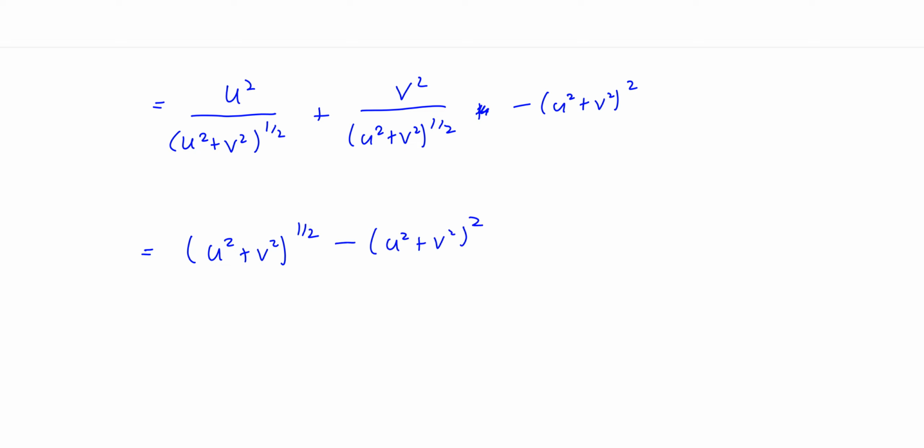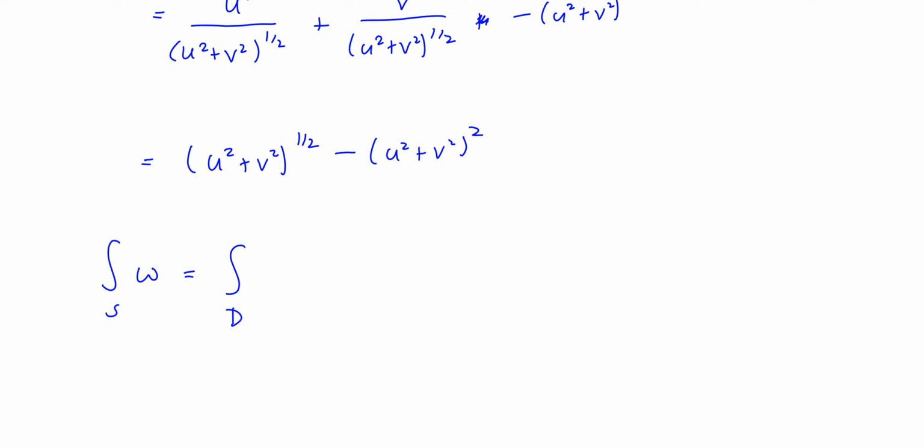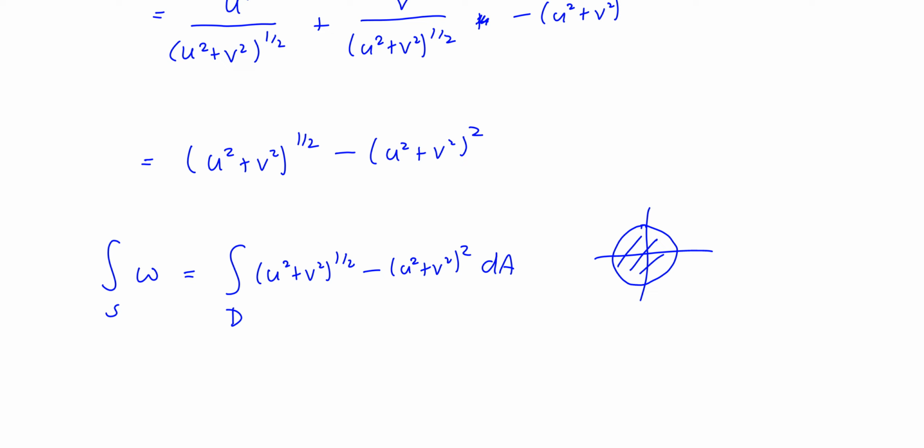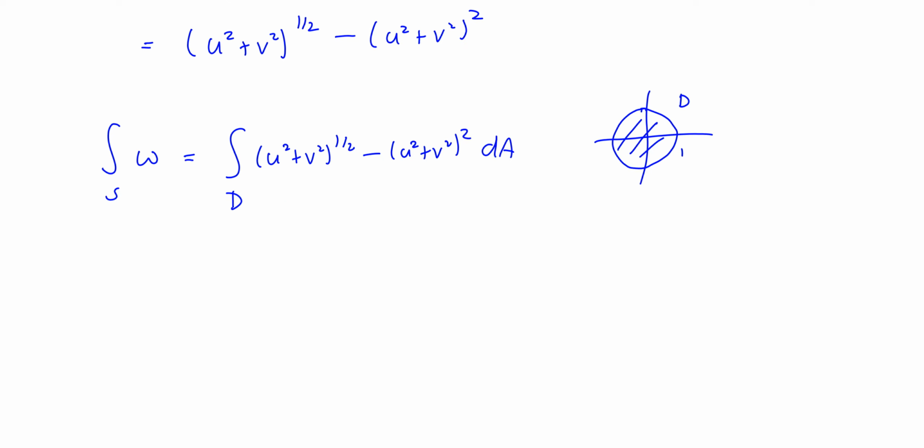So finally, we can now evaluate the integral. It's the integral over D of (u squared plus v squared) to the 1/2 minus (u squared plus v squared) squared dA. And remember, D is just the region inside the circle of radius 1. So this definitely looks like a polar coordinate type integral.